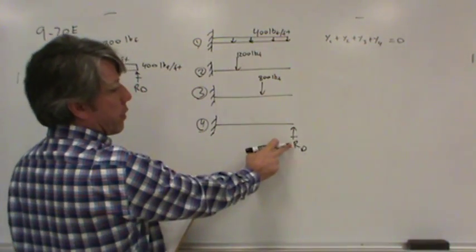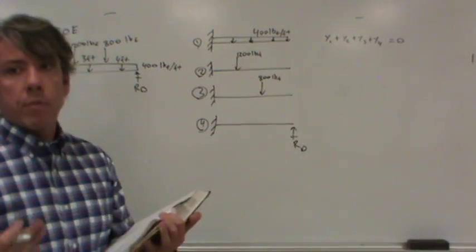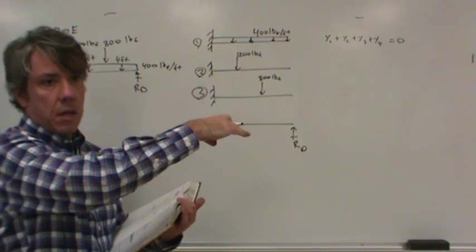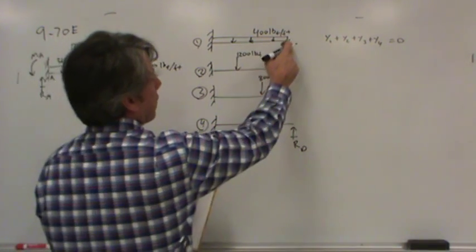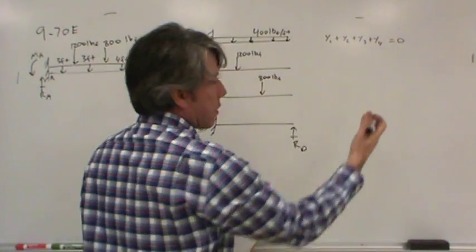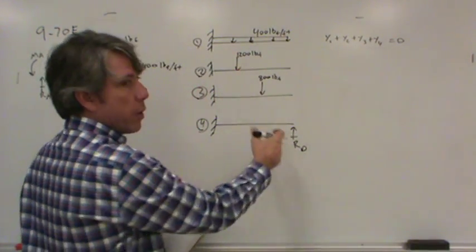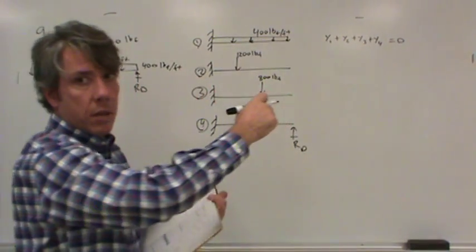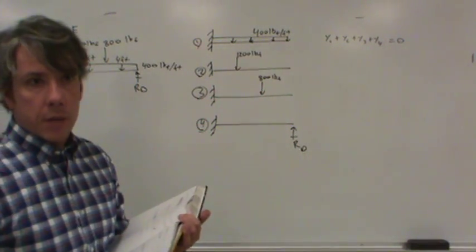There's a reaction here. That reaction will be whatever magnitude is necessary to prevent the end from deflecting. Does that make sense? So we're going to represent the deflection as a function of each of these loads, add them together, and then realize this load is going to be whatever it needs to be to force this to 0. Does that make sense? That's going to be our strategy.